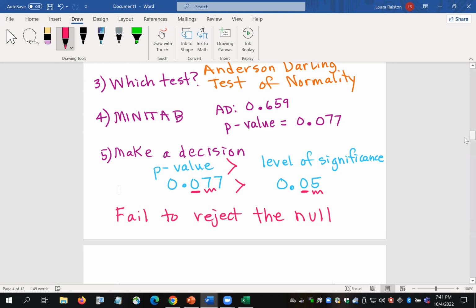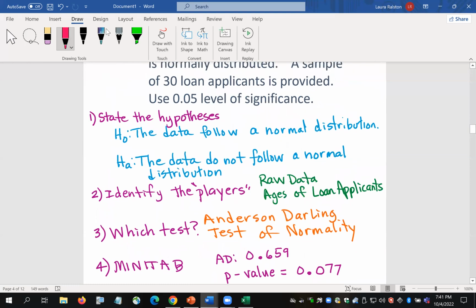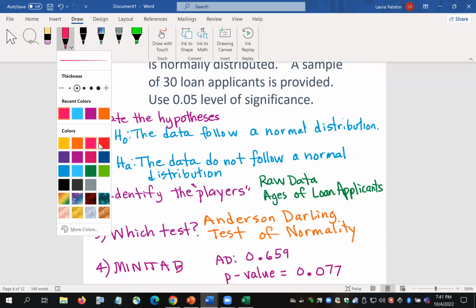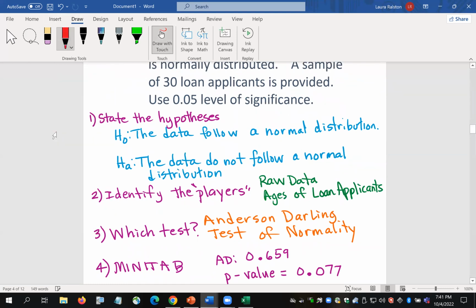Now again, to think about what that means. We have said we fail to reject the null. So if we fail to reject the null, that means that the null hypothesis is true or correct in this scenario, in that we do have a normal distribution.